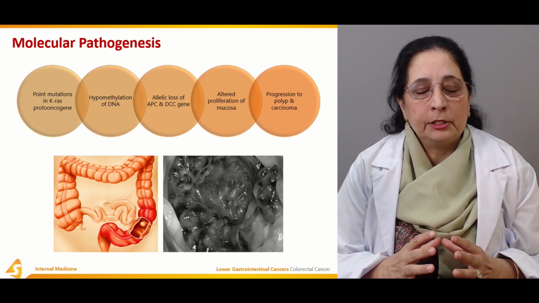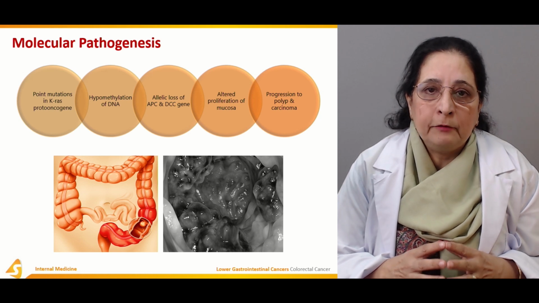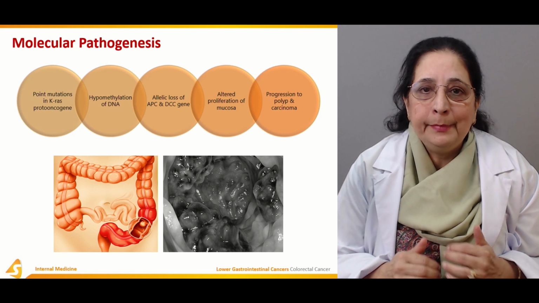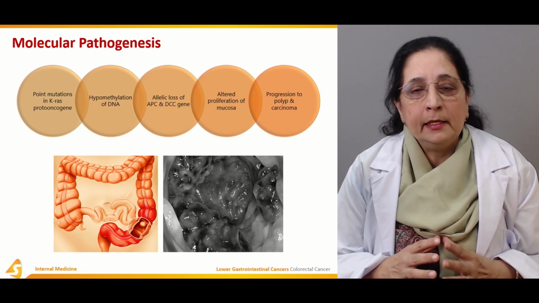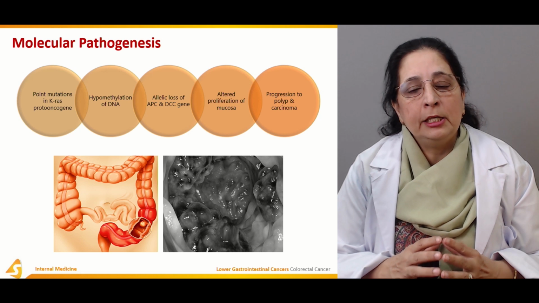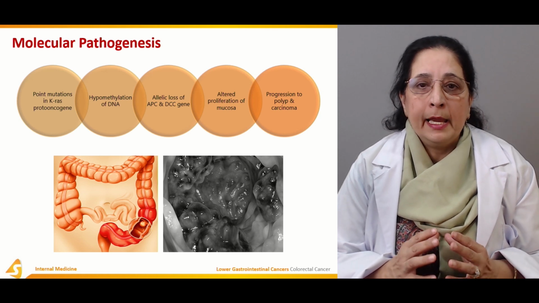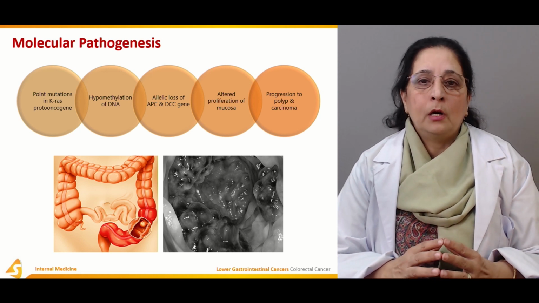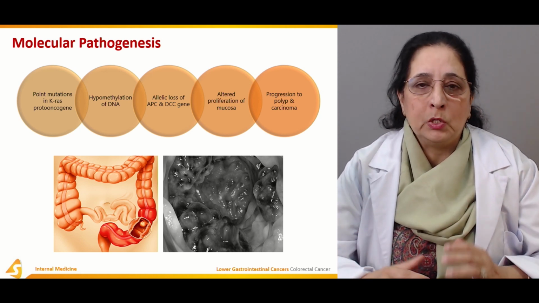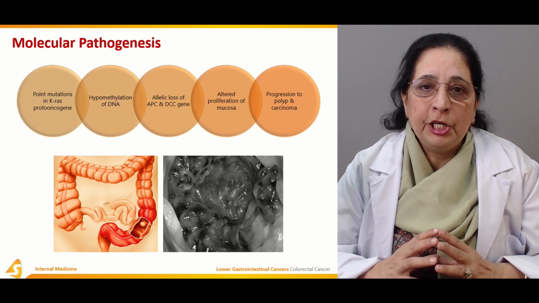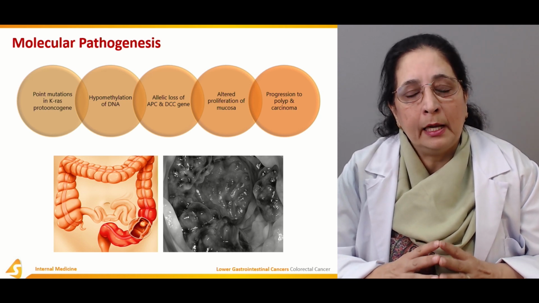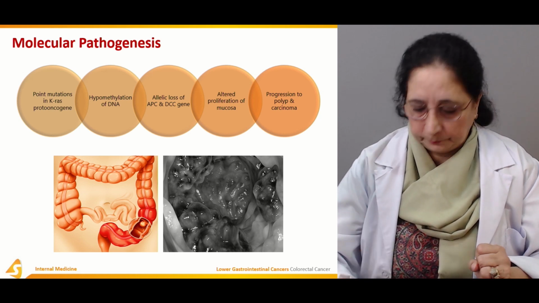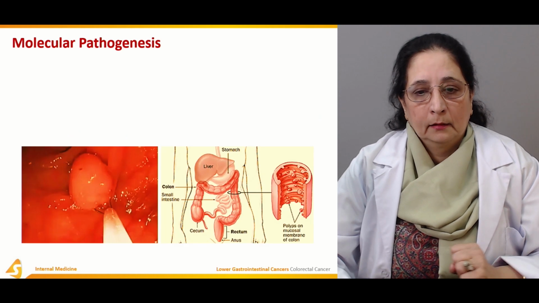We have changes in the DNA, which is mainly hypomethylation or decreased methyl levels, and then there is alteration or loss of the APC and DCC genes, and also altered proliferation of the mucosa. So all these are the changes at the molecular level which progress to colorectal cancer.